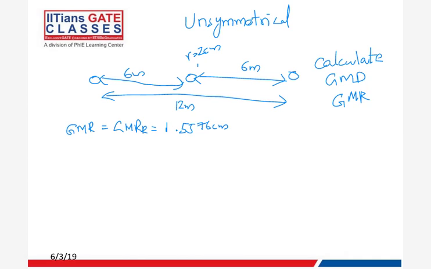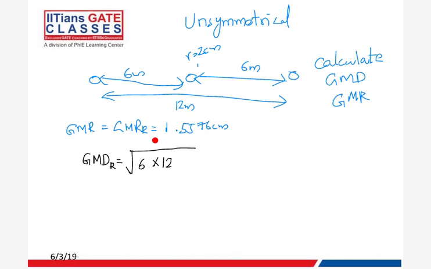All right. Then let's look at GMD R, the geometric mean distance for phase R. So the distance of phase R from all the other available lines are 6 into 12.